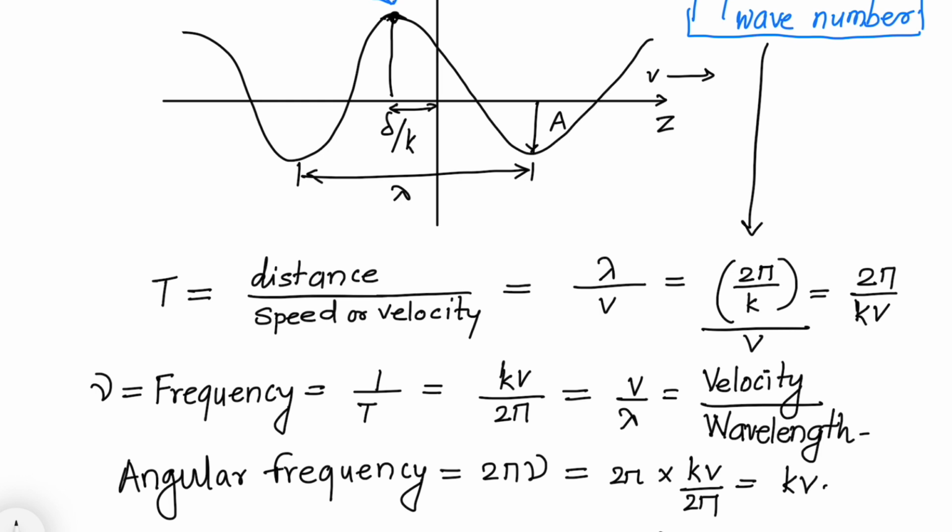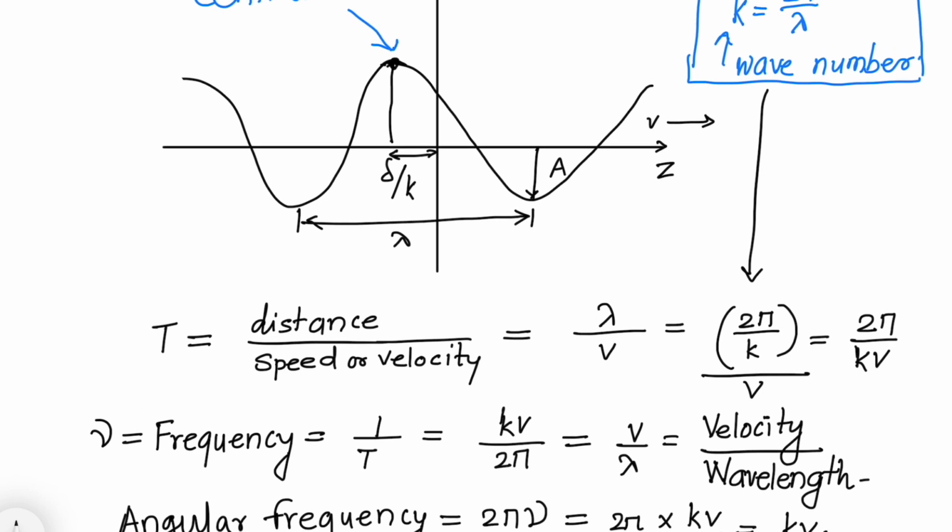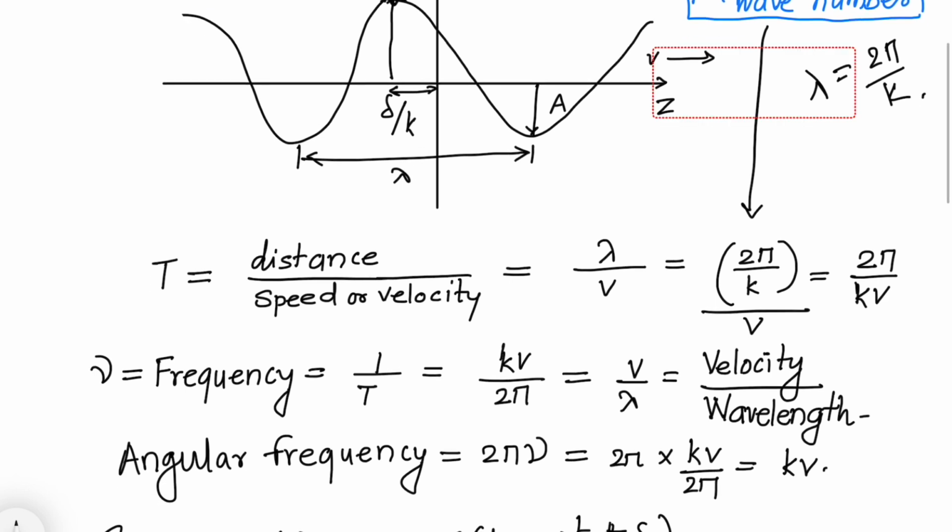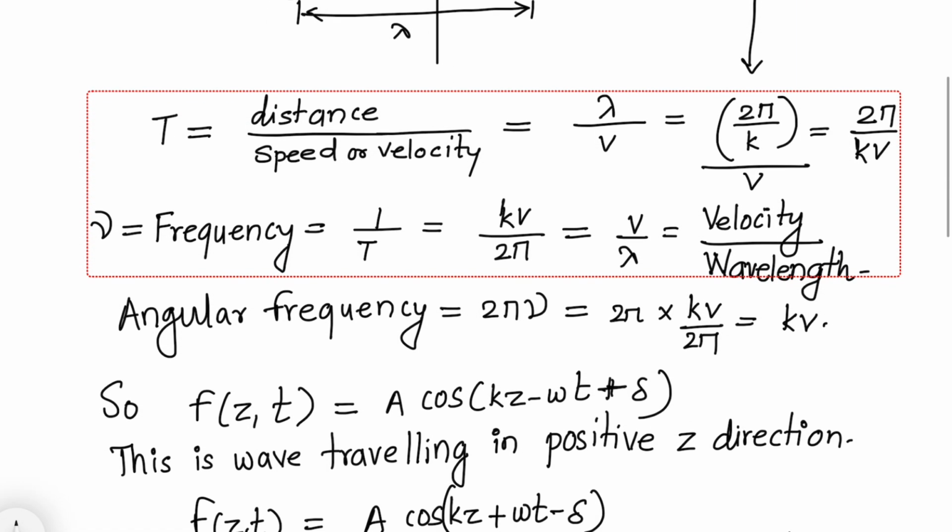If you want to calculate the frequency, it is 1/T, which is equal to kv/2π, which is equal to v/λ, because λ is equal to 2π/k from this equation. So frequency is equal to velocity upon wavelength.